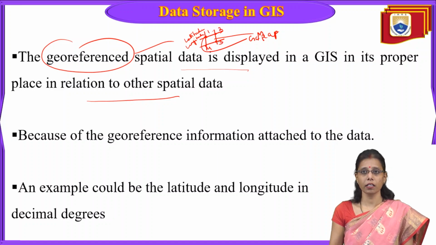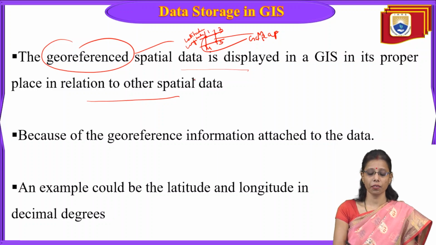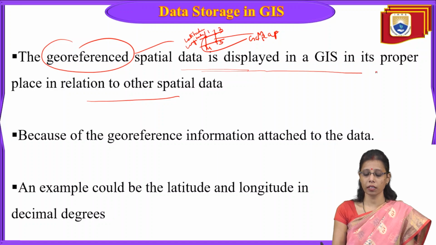Once you assign these GCP points to the locations, you run the georeferencing process. The total data will be georeferenced based on the latitude and longitude assigned, so it has its exact location in the map. So georeferenced spatial data is displayed in GIS in the proper place in relation to other spatial data.